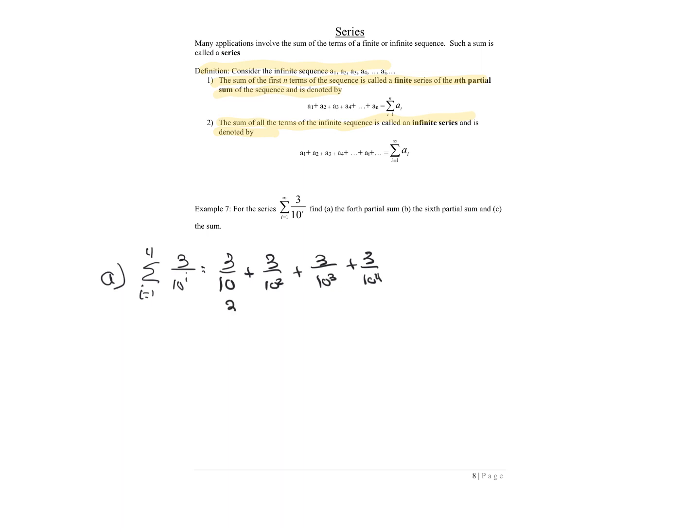This is equal to 3 over 10 plus 3 over 100 plus 3 over 1,000 plus 3 over 10,000. Now if you read these fractions, you would say 3/10, which is 0.3, 3/100ths, 3/1,000ths, 3/10,000ths. So this is the fourth partial sum.